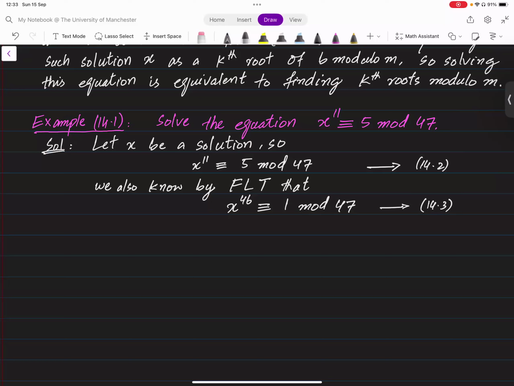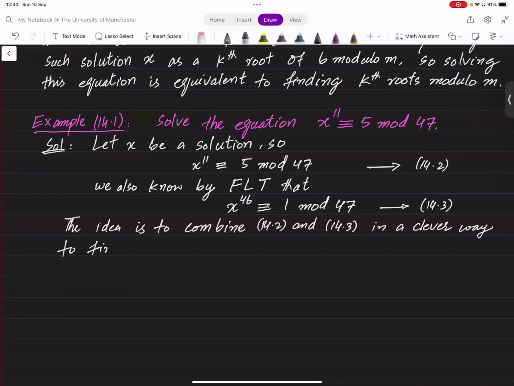Then the idea is to combine 14.2 and 14.3 in a clever way to find x.